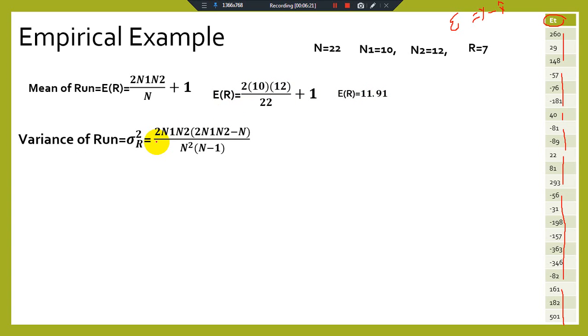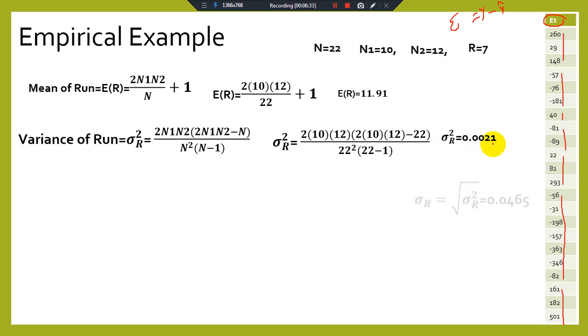Here we have the variance of runs formula. Putting these values in, we get the variance of runs equal to 0.0021. From this variance we take the square root and we get the standard deviation of runs equal to 0.0465.